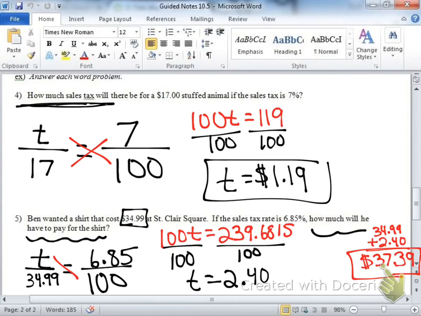I would encourage you guys, especially as you get older when you're making large purchases, to do a little research on sales tax. For example, we bought a bunch of doors for our house. Like the front door and the bedroom door and the back door, giant doors.